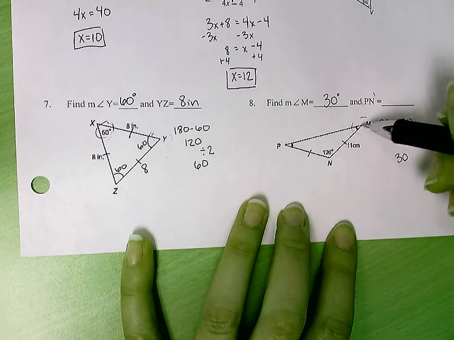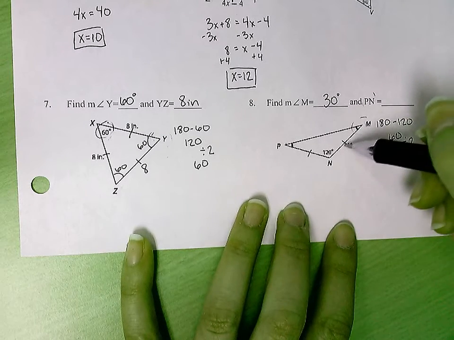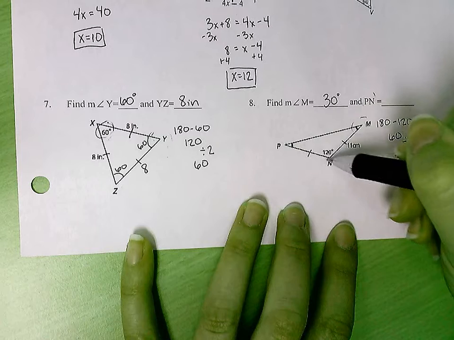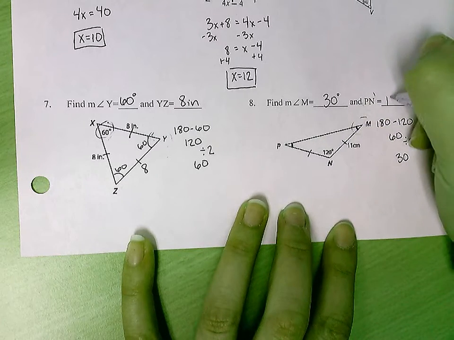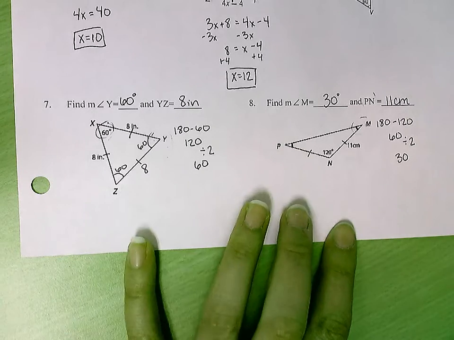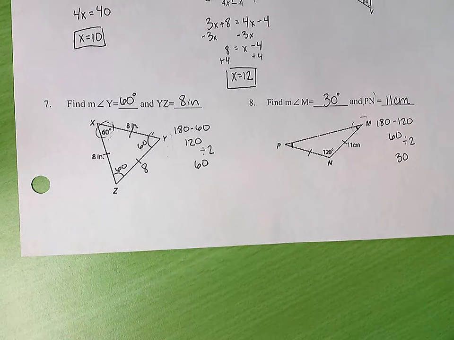So since this side is 11 centimeters, this side must also be 11 centimeters. So side PN would be 11 centimeters. Questions on those two on the bottom?